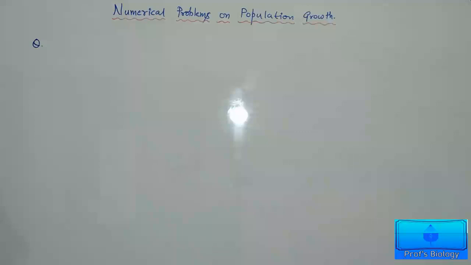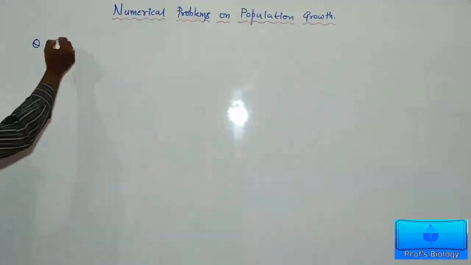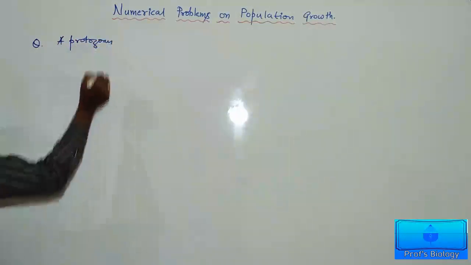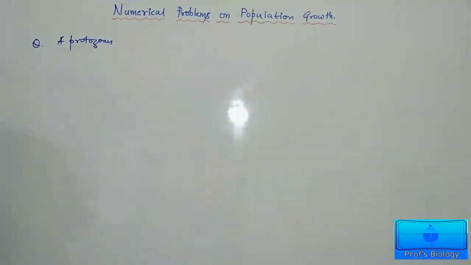Let us move to next problem. A protozoan reproduces by binary fission.